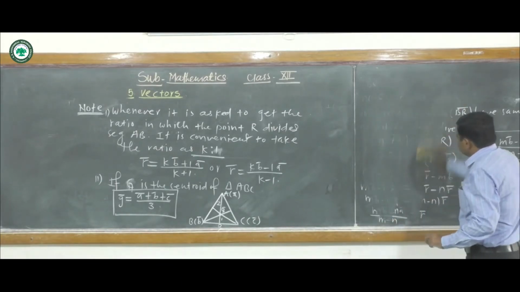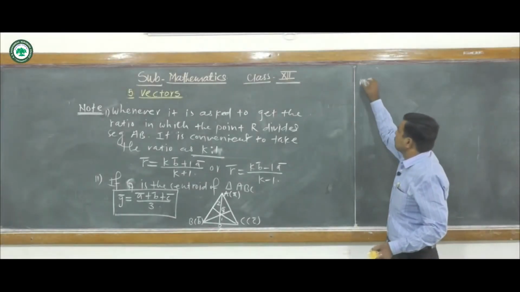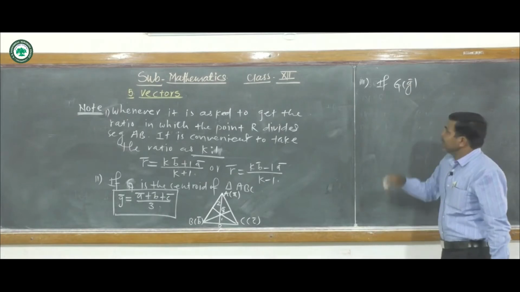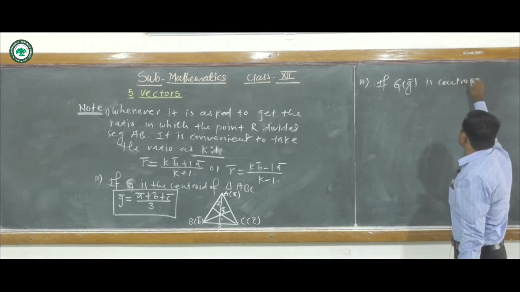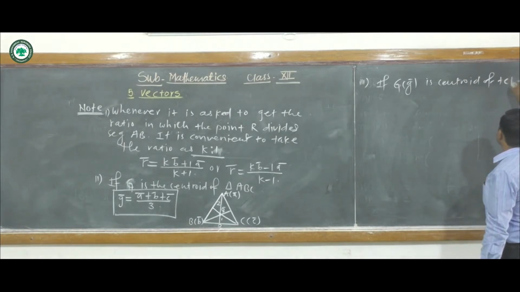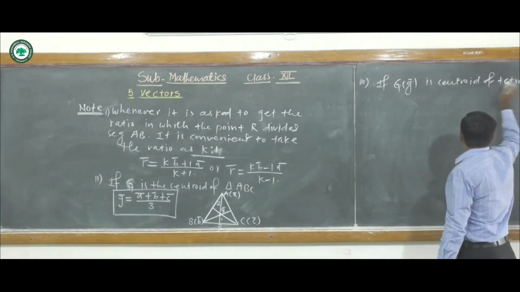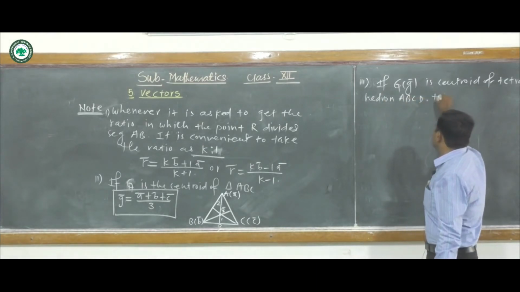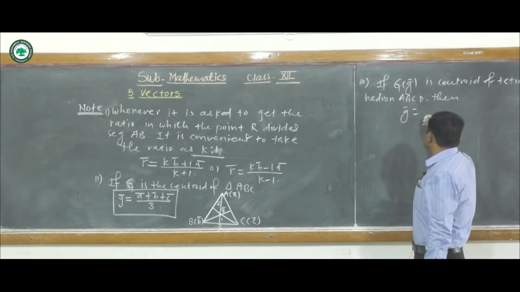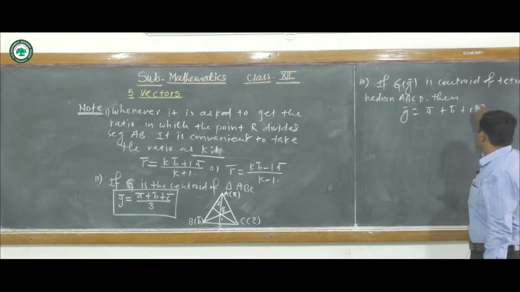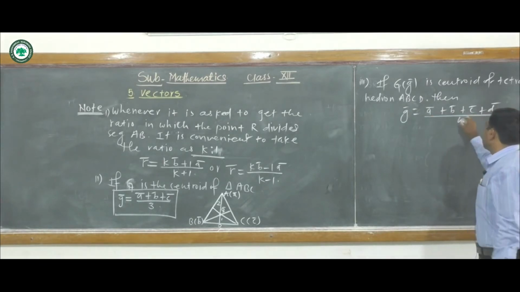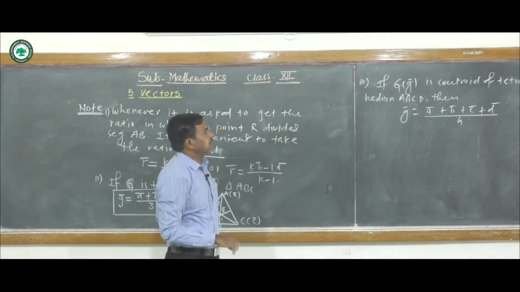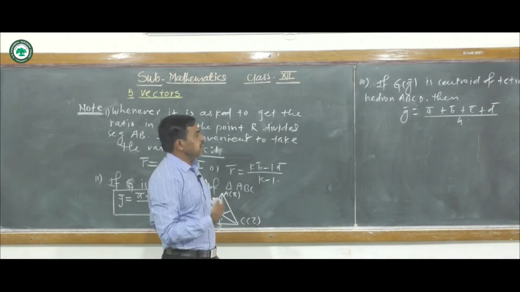Now note number 3. If we have a tetrahedron ABCD, and capital G with small z bar is the centroid of the tetrahedron, then small z bar is equal to a bar plus b bar plus c bar plus d bar divided by 4, where a bar, b bar, c bar and d bar are the position vectors of the vertices A, B, C, D respectively.